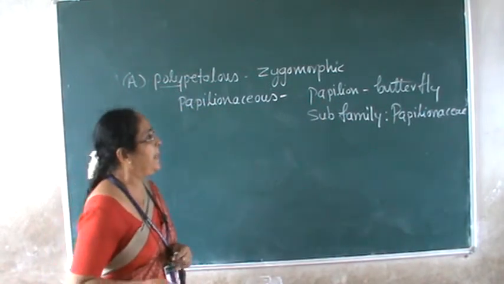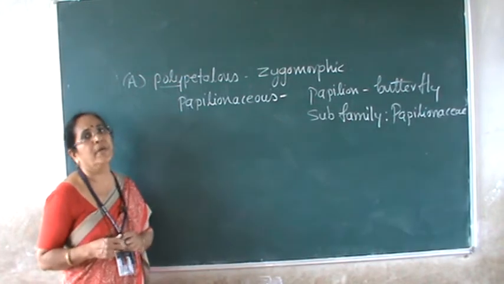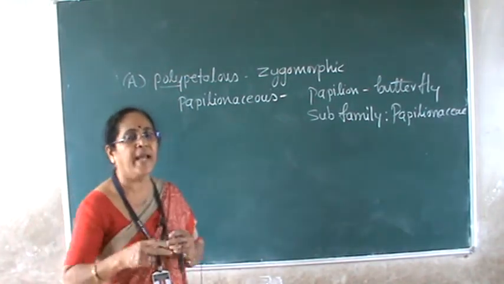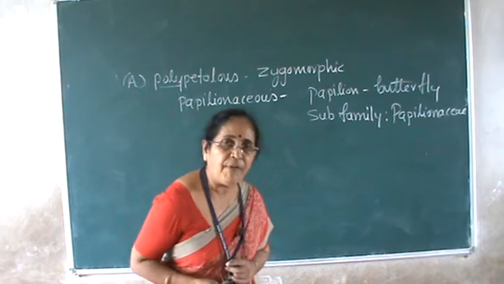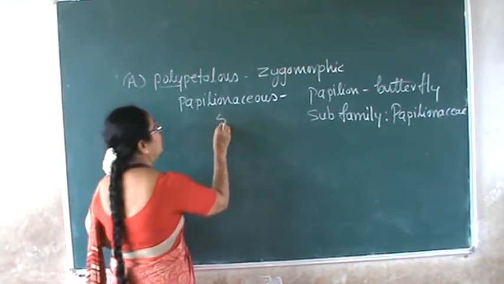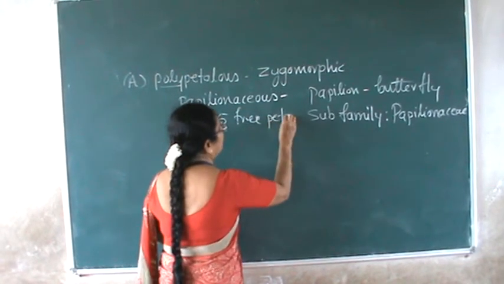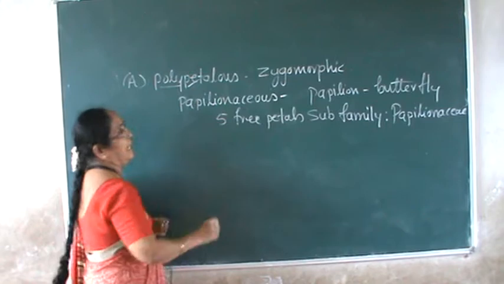So in case of Papilionaceae subfamily, all members, 100% members, we can identify the family based on this character only. It is butterfly-like corolla, and the corolla is made up of 5 free petals, because it basically belongs to polypetalous form.